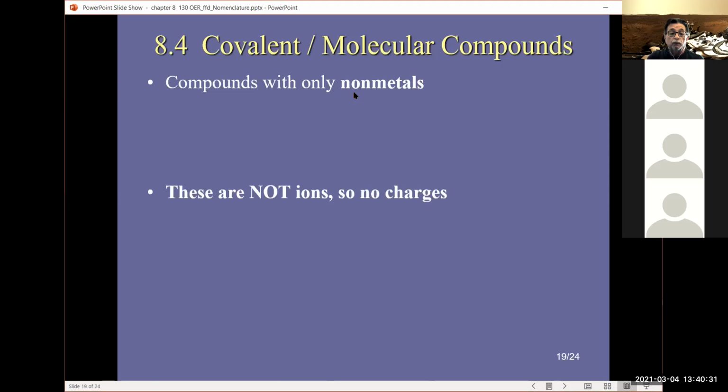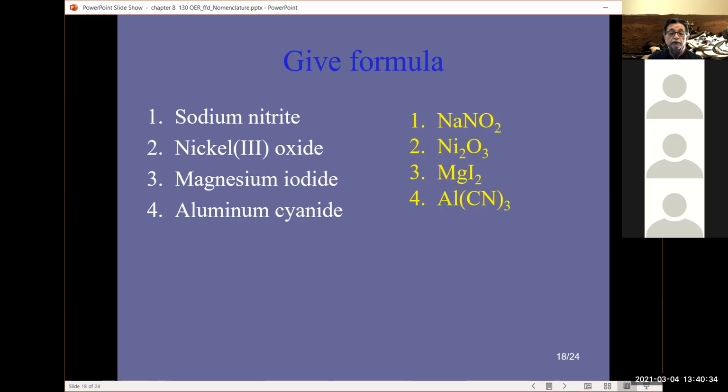Remember that the Roman numeral, when written out right here, deals with the oxidation state of nickel. And so what that tells you is we're dealing with nickel +3. If that were Roman numeral 2, we'd be dealing with nickel +2.